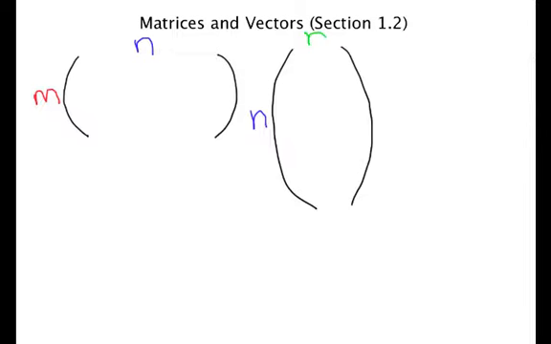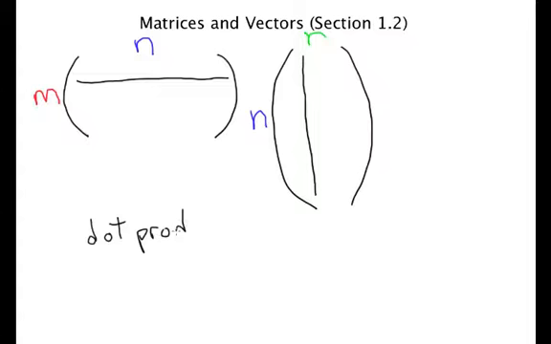Okay. Now, I can multiply these two matrices because every time I take a row of this matrix, which has n entries, and a column of this matrix, I can take their dot product. And how many dot products am I going to get this way? Well, I have m different choices of row here and r choices of columns here.